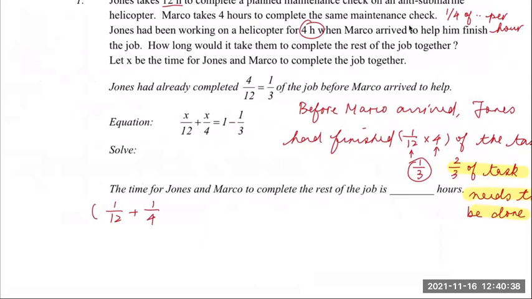That means if Jones and Marco work together, they can complete 1/12 plus 1/4, which is 1 plus 3 over 12, which is 1/3 of the task every hour.